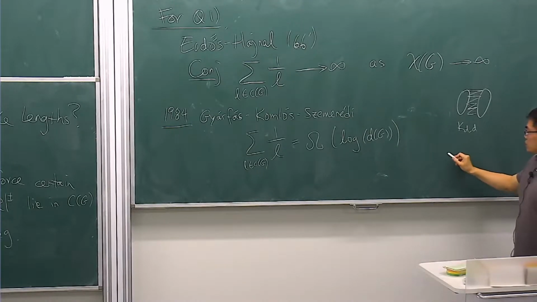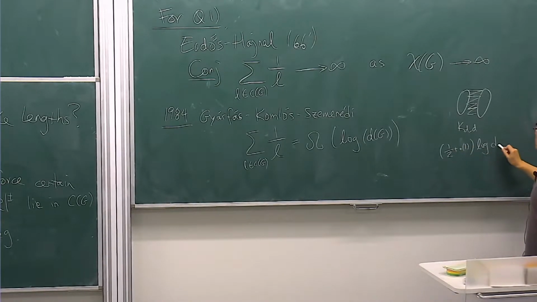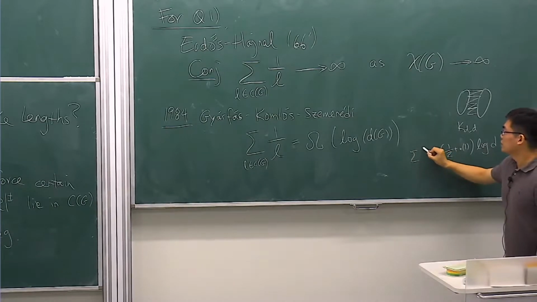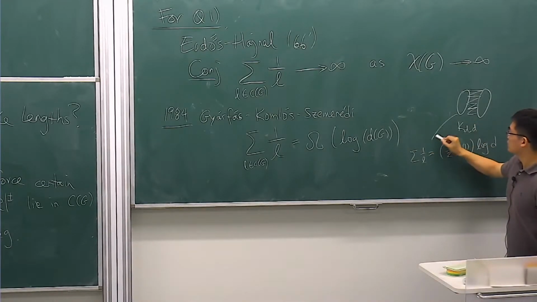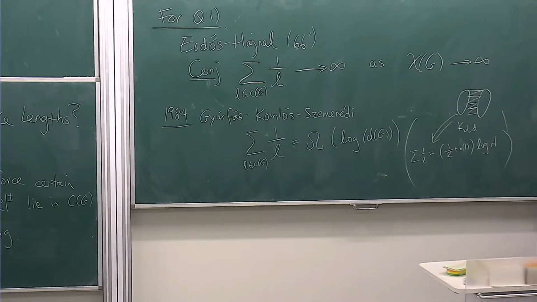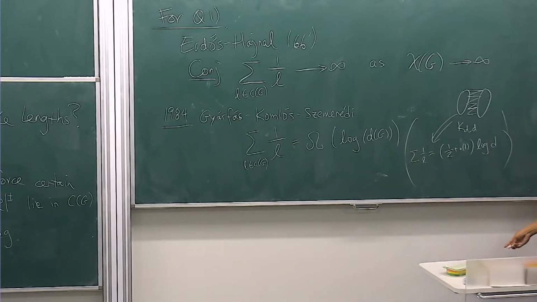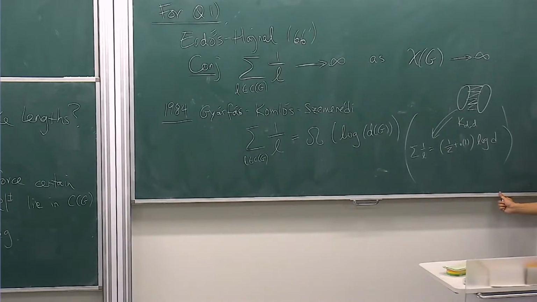If you compute the sum, it is (1/2 plus or minus little o(1)) times log D, the harmonic sum for this example. So the order of magnitude of the growth cannot be improved. In a sense, it's quite satisfying.